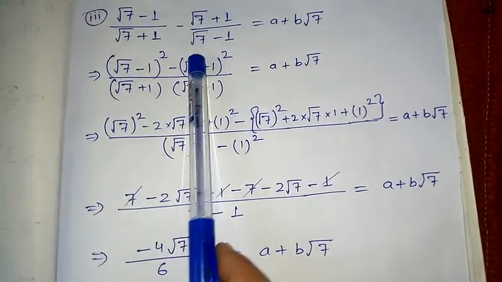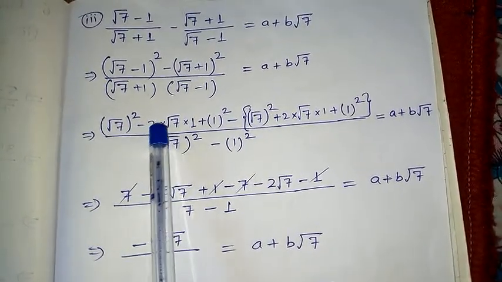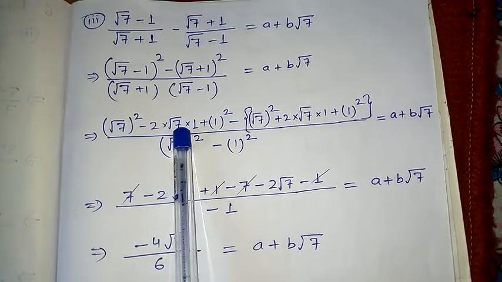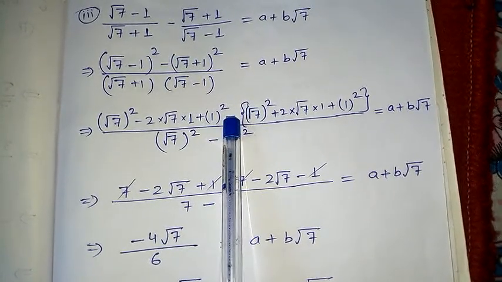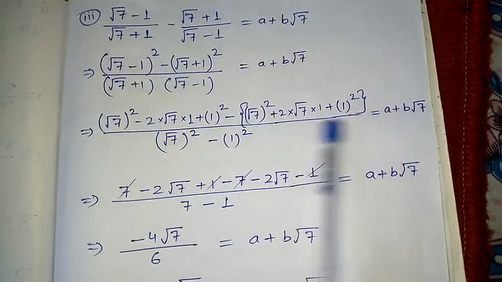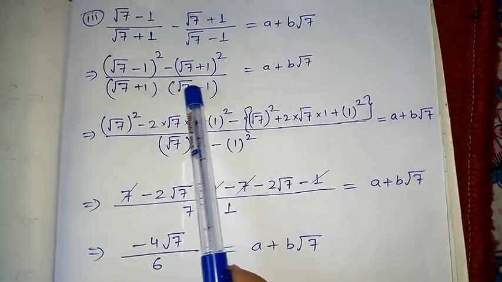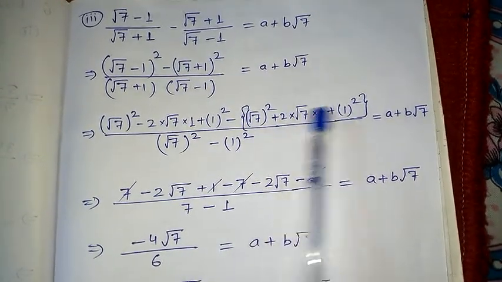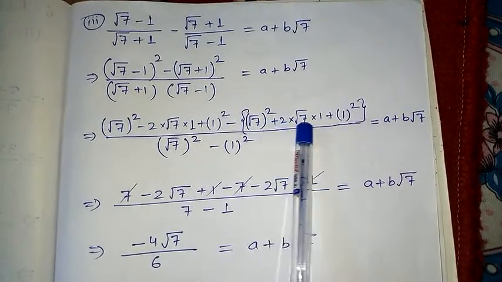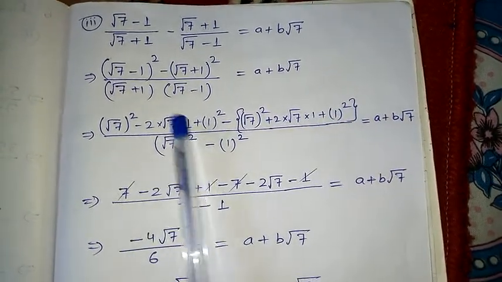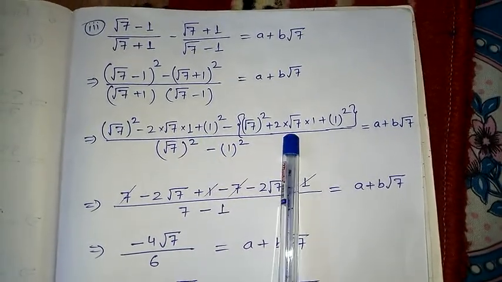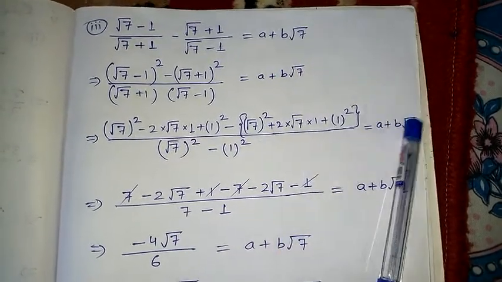Now a minus b whole square formula: a square minus 2ab plus b square. Whenever there is minus in the middle we have to use the second bracket for the remaining. For plus we don't use it, but for minus we have to use the second bracket. Now a square plus 2ab plus b square is the formula, and this is the formula of a square minus b square. You know how I have done, and the same thing I wrote here.